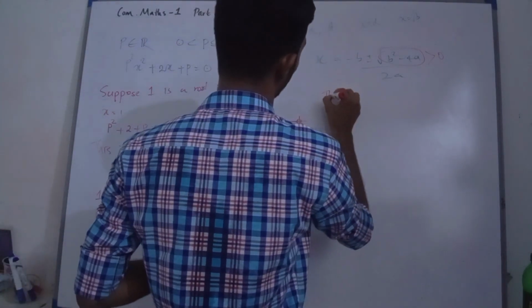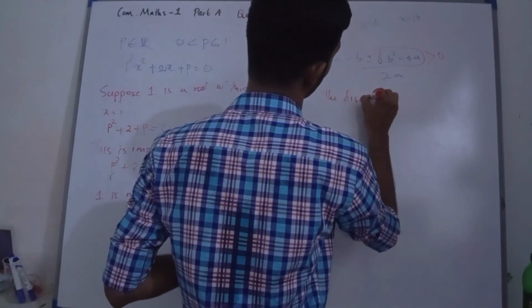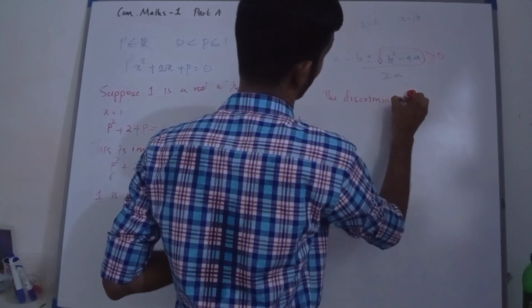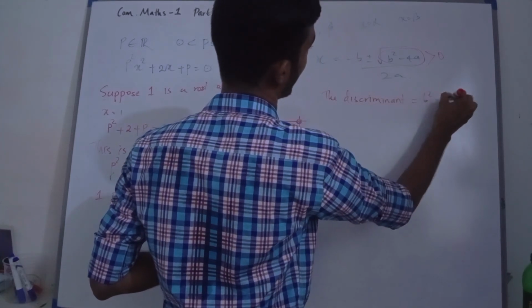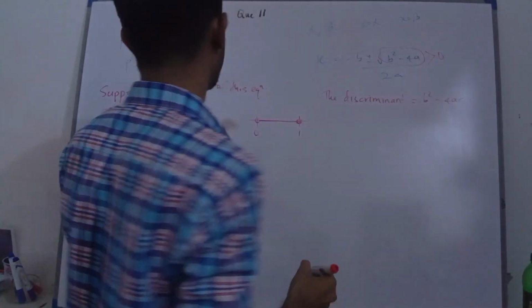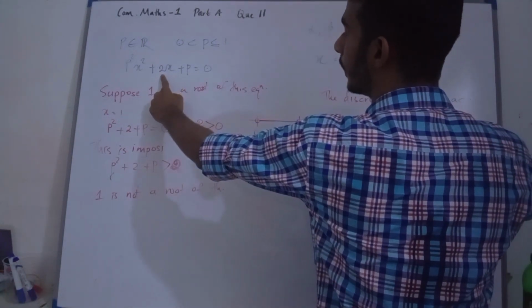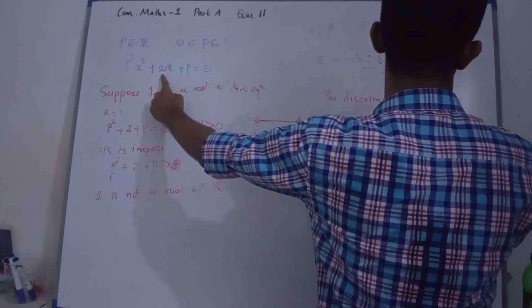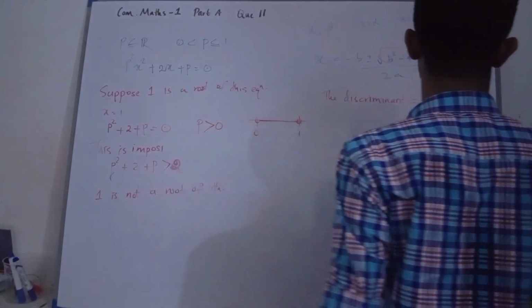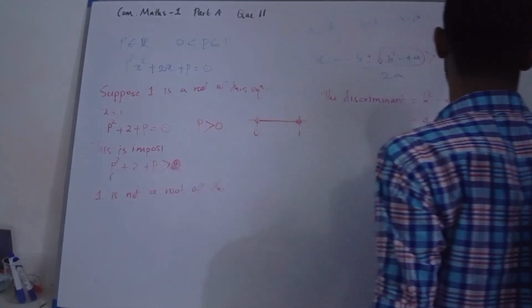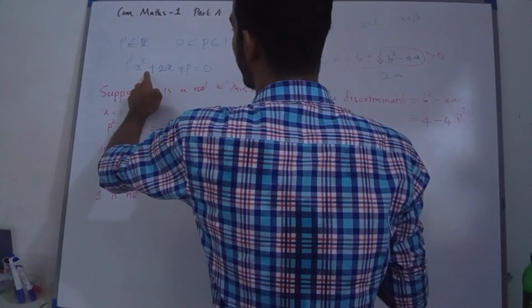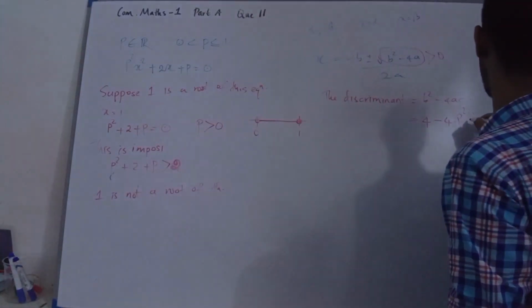So the discriminant is equal to b squared minus 4ac. Now b squared is this one, 2 square, so 4 minus 4 into a, which is p square, into c, which is p.